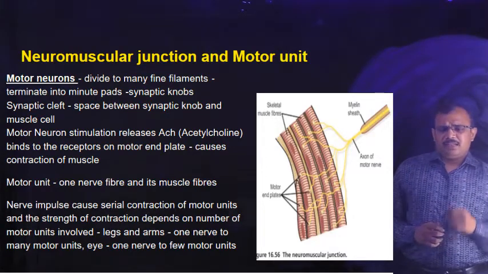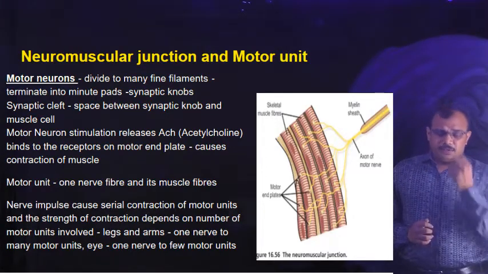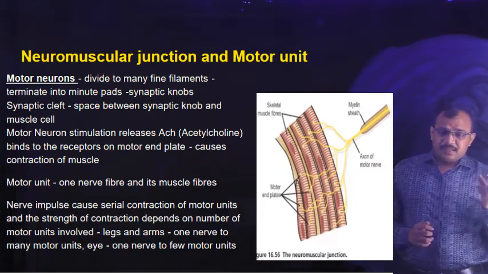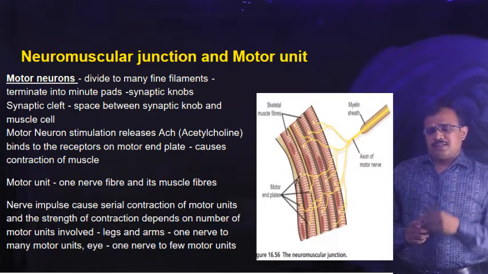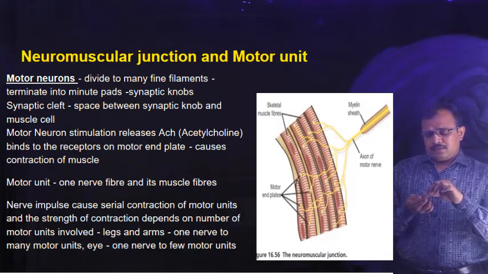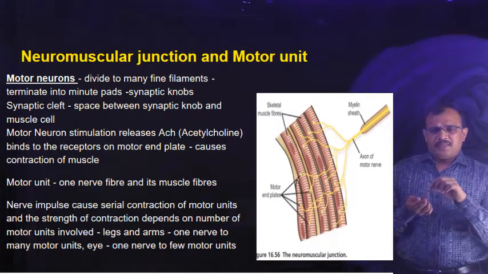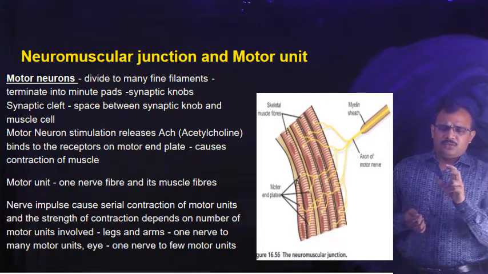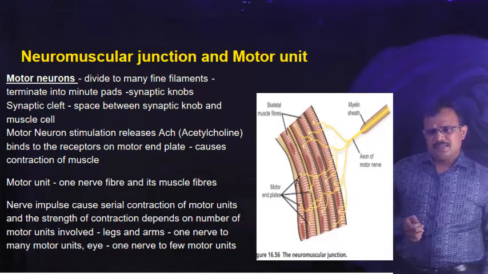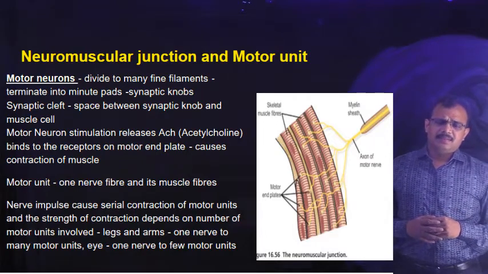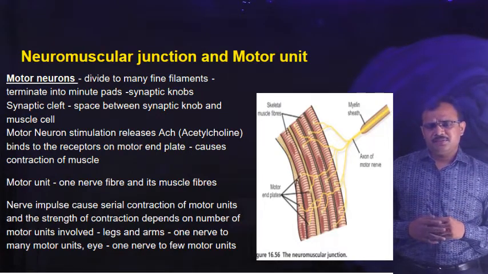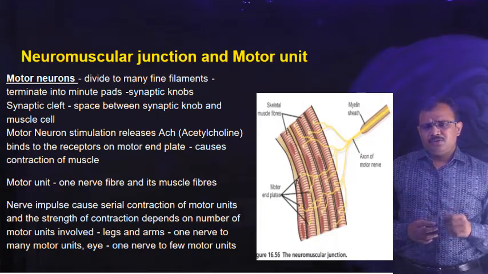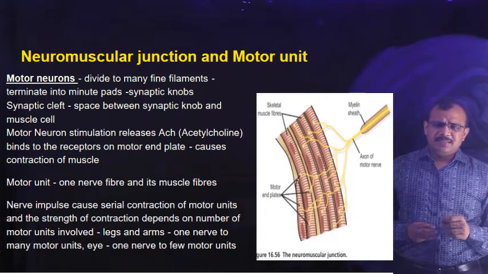Whenever the nerve is stimulated, the neurotransmitters released from the axonal terminal act at the neuromuscular junction on that muscle cell, which leads to contraction of the muscle cell. The neurotransmitter released from somatic nerves is called acetylcholine, and acetylcholine leads to contraction of this skeletal muscle cell.